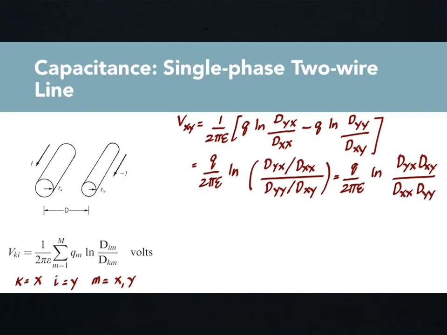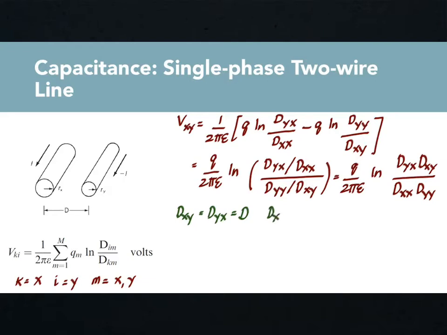Further on, since our dxy and dyx here will simply be the same distance, since it didn't change, we'll just assume a common parameter for that, which is d.